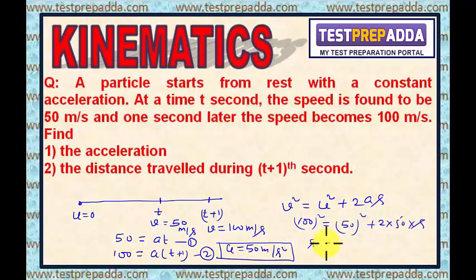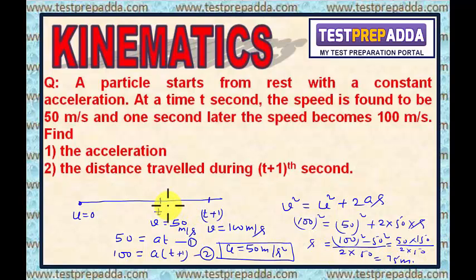This way, S comes as 100 square minus 50 square upon 2 into 50. A square minus B square, write A minus B into A plus B. So finally it comes as 50 into 150 upon 2 into 50, and the value comes as 75 meter.